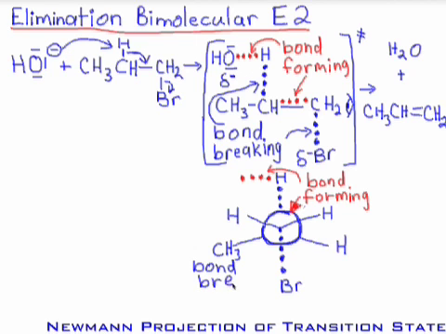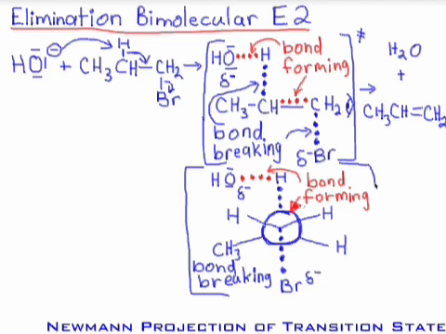So you also can draw transition states as Newman projections. You don't just have to draw a regular structural formula. And so there's an OH here. And of course, as before, it's delta minus. The bromine's delta minus. So that, if you like, is my Newman projection of the same transition state.